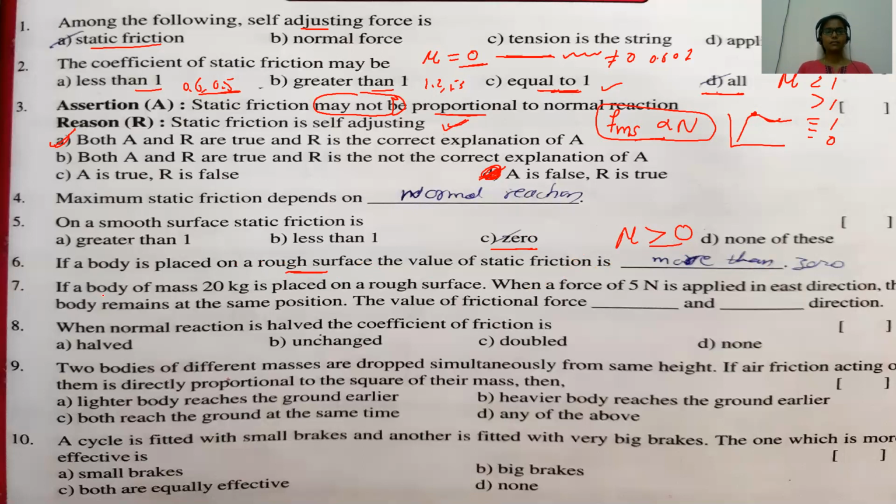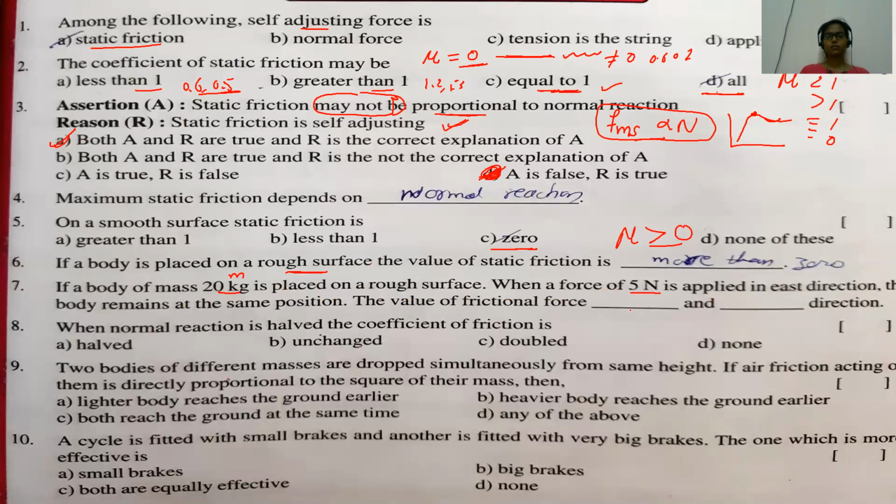Okay. Next, if a body of mass, see here given, the seventh question: a body of mass 20 kg is placed on a rough surface. When a force of 5 newtons is applied from the east direction, the body remains in the same position.